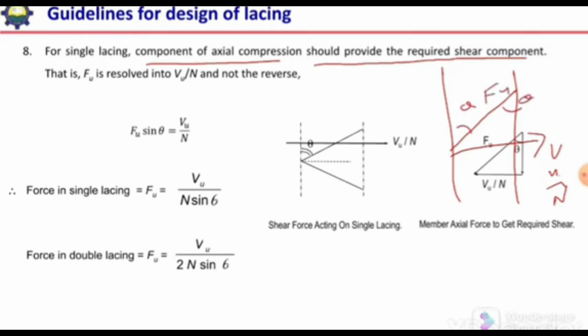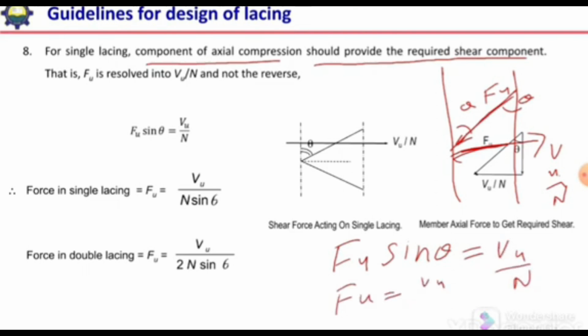So we can determine the force in this lacing member, Fu. If we find the component of this Fu in the horizontal direction, it will be Fu sine of theta, and this should be equal to Vu over N. So from here we can find Fu is equal to Vu over N sine of theta.